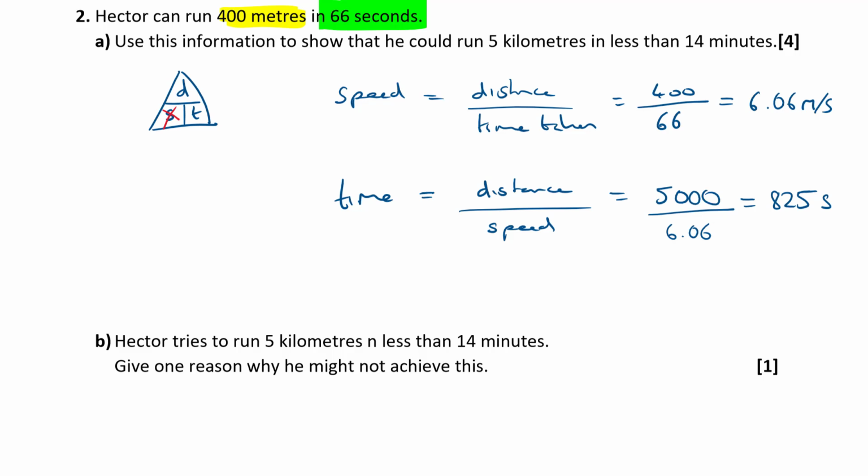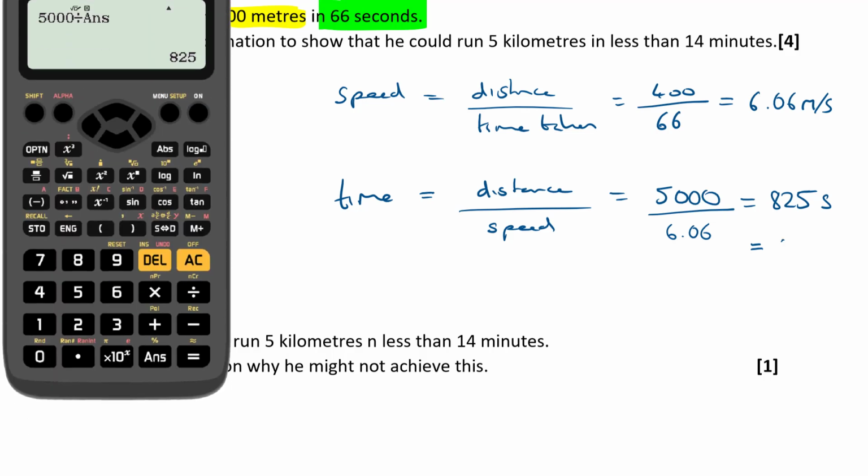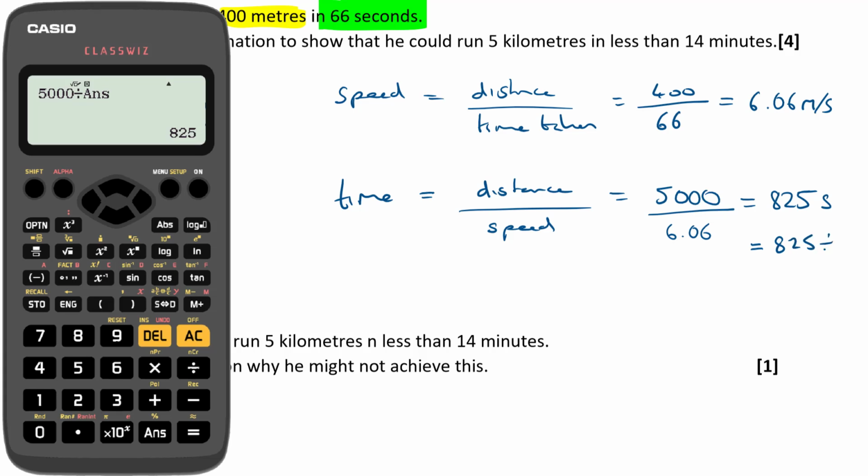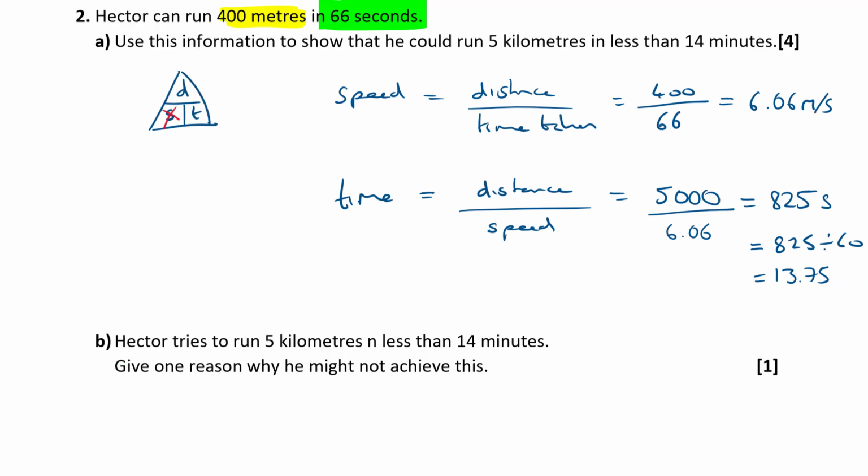825 seconds. Now, what's that in minutes then? To convert seconds into minutes, I'm going to divide by 60, aren't I? There's 60 seconds in a minute. So 825 divided by 60 would be what? 13.75 mins. Now that's a decimal, isn't it?